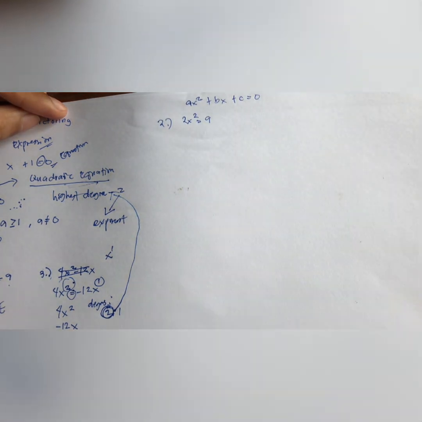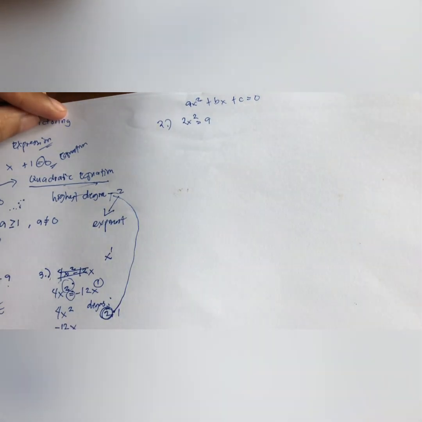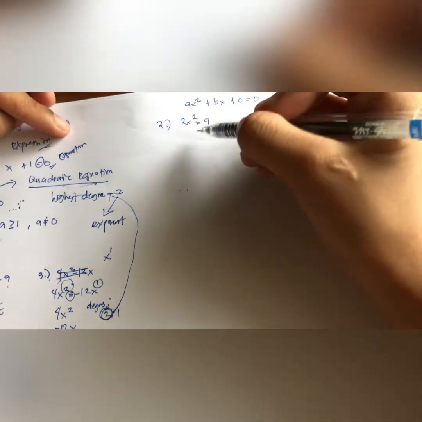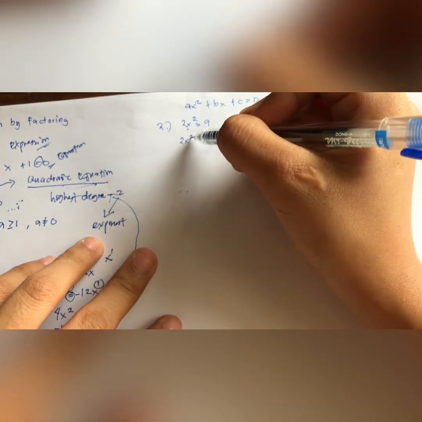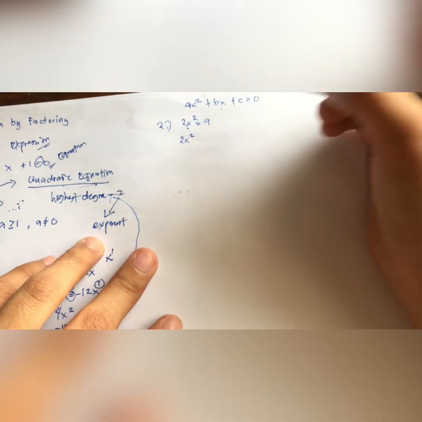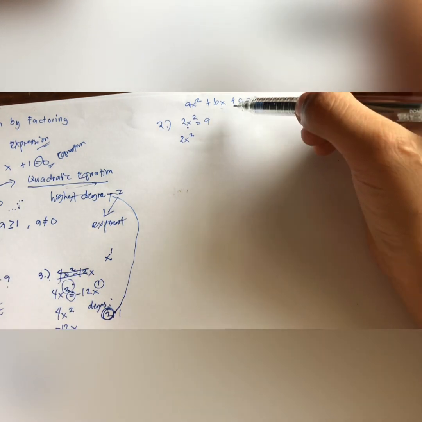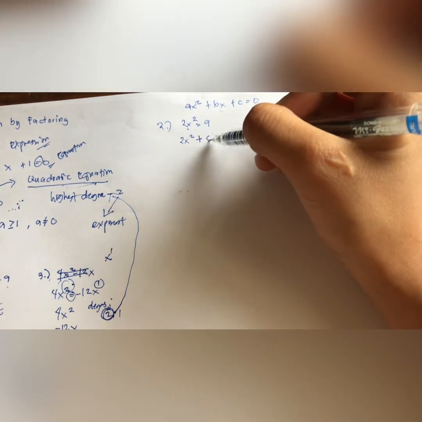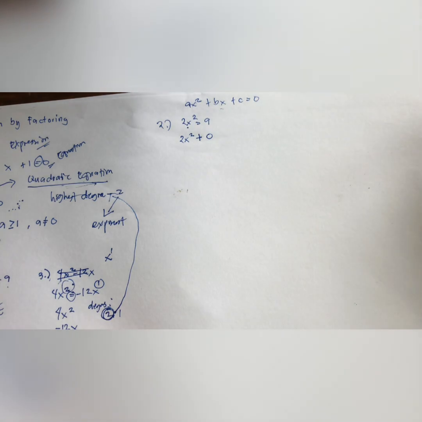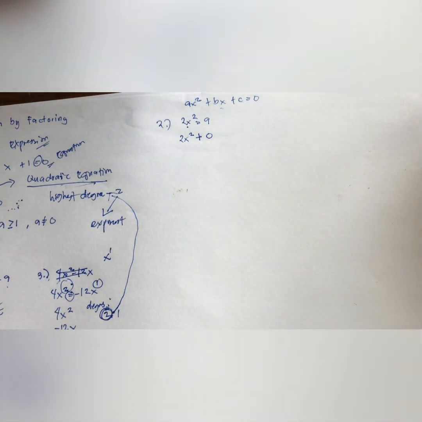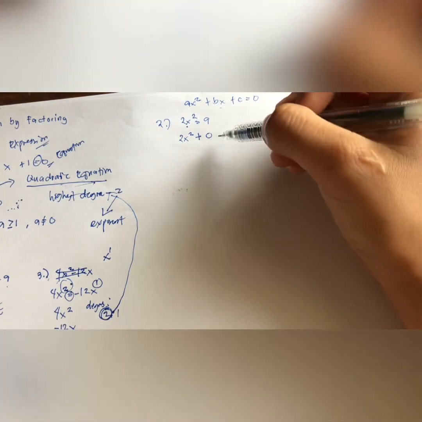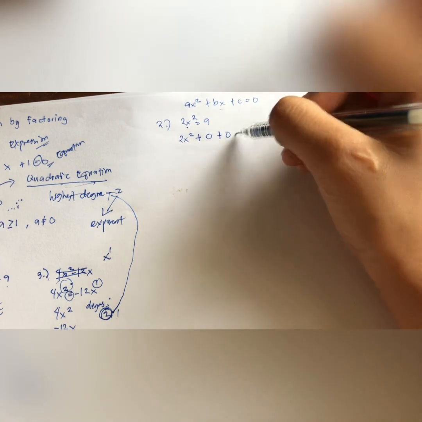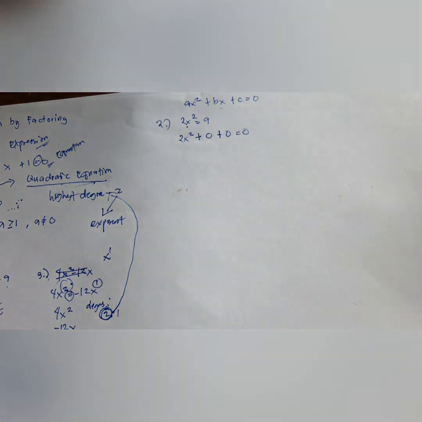Hala ma'am, duha ra man na sila ka termino. Unsaon man na nato? So, from here, 2x squared equals 9. Since wala man tay value ng second term, we are going to add 0 on that. So, 2x squared plus 0. And then, ang ato c, that is still 0, we have equals 0.